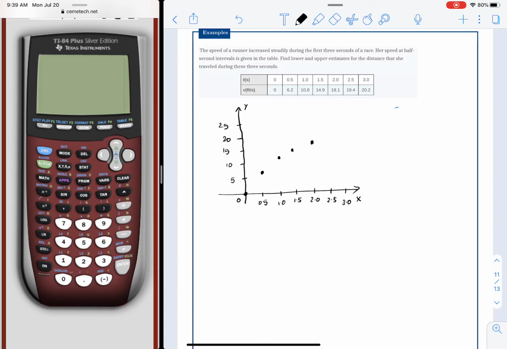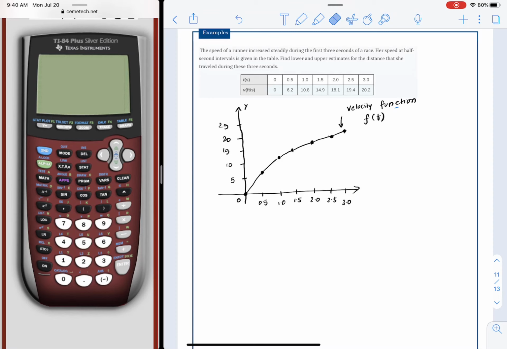At 2.5, we have close to 20, 19.4. And at 3, we have 20.2. And you can see that is the velocity function, f of t.